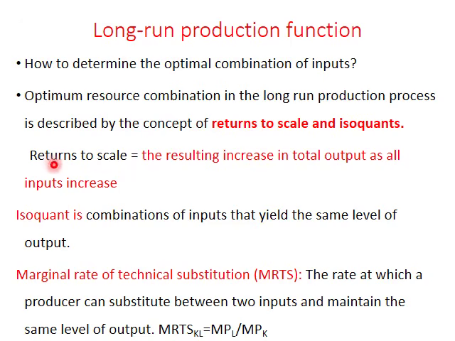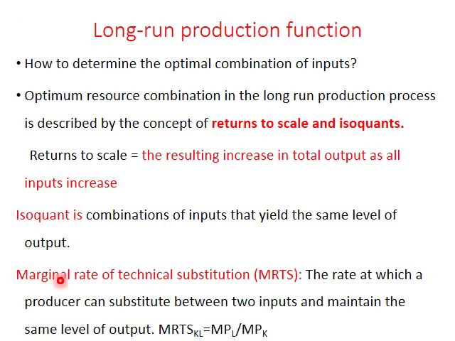By returns to scale, we mean the resulting increase in total output as all inputs increase, because in the long run, all inputs are variable inputs. And an isoquant is a combination of inputs that yield the same level of output. The output remains the same, but the combination may vary.